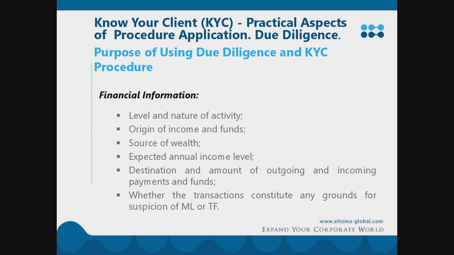So financial information includes the level and nature of activity, origin of income and funds, source of wealth, which we discussed previously, also expected annual income level, destination and amount of outgoing and incoming payments of funds, and whether the transaction constitutes any grounds for suspicion of money laundering, terrorist financing, or, for example, tax evasion as well.